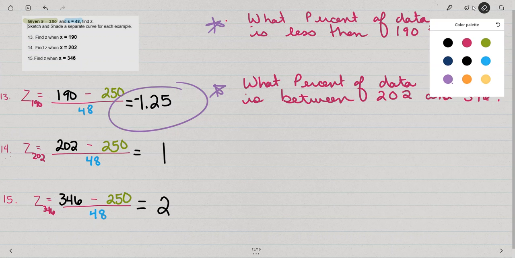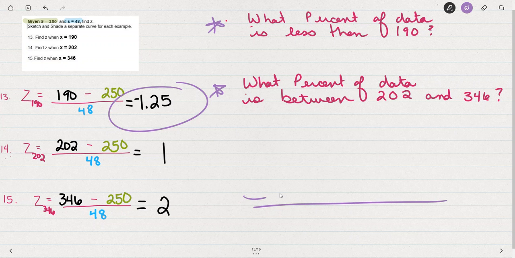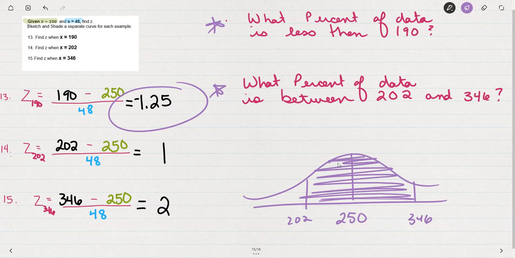If I want to find the data between 202 and 346, then I could see that the mean is here at, it's given as 250, and I'm going from 202 over here up to 346 over here, and so I want this area between.